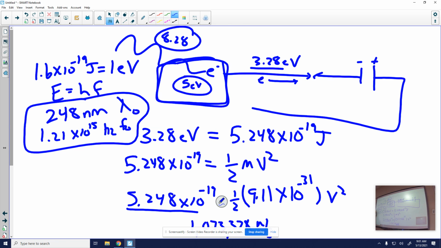Or you could take 1240 over 248 and get about 5 electron volts. So you have to understand, work function is that minimum energy to knock out an electron. Whatever energy you have above and beyond that is what you will give to the electron, and then you could use voltage to stop it, called stopping potential. All right, that's pretty confusing, but as you practice these problems, I think you'll get the idea what's going on.